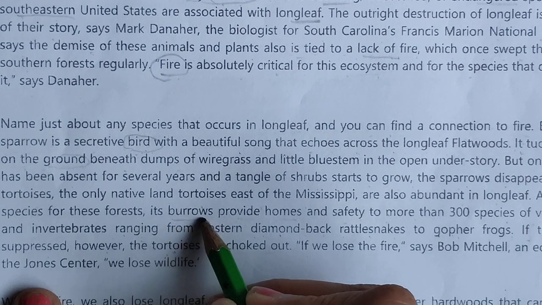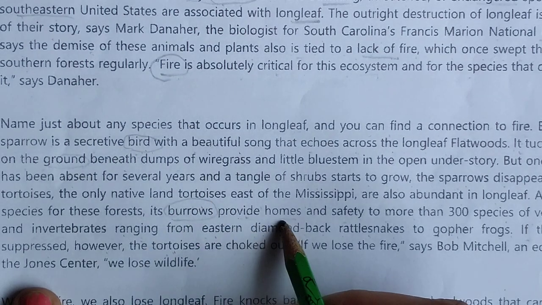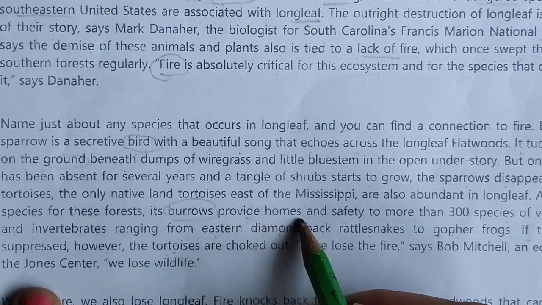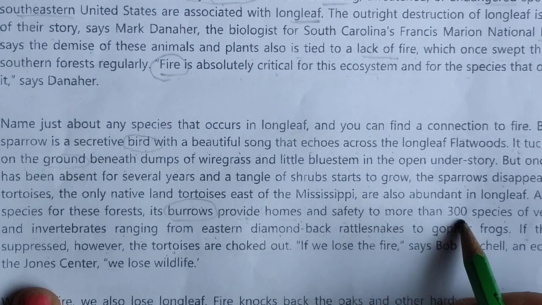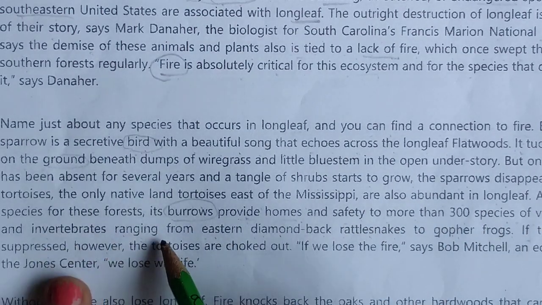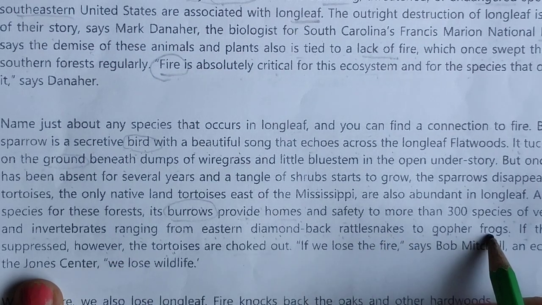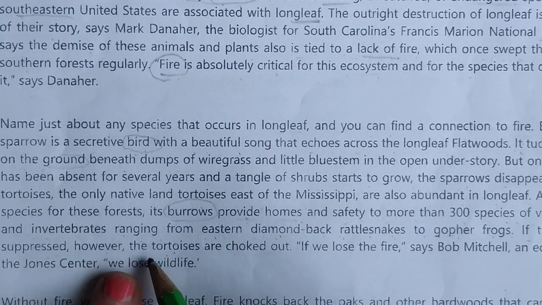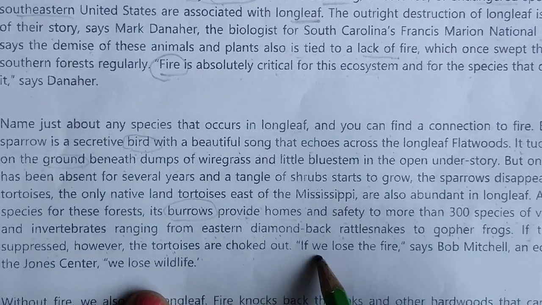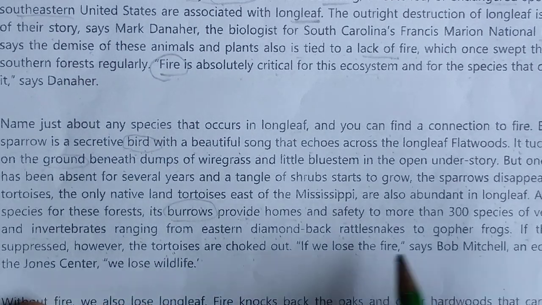Its burrows provide homes and safety to more than 300 species, ranging from eastern diamondback rattlesnakes to this. If the fire is suppressed, however, tortoises are choked out.